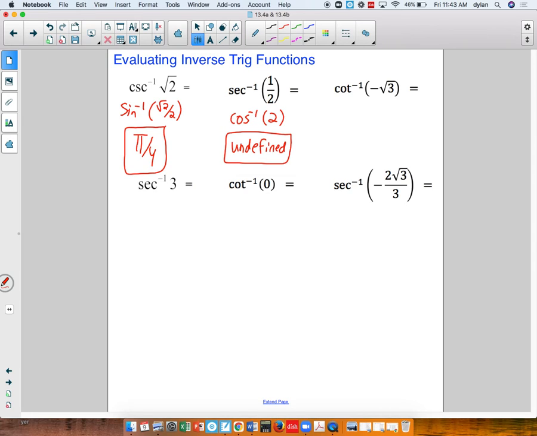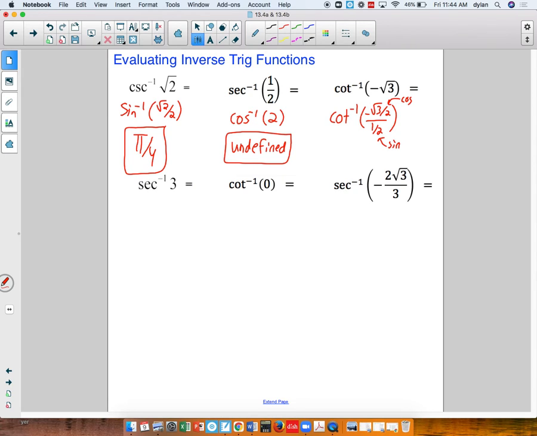Cotangent inverse, again, for me, the easiest way to think about cotangent and tangent is to think about them as either cosine over sine or sine over cosine. So cotangent inverse of -√3, I'm going to think about that as cotangent inverse of -√3 over 2 over 1/2, so that I can think about this as cosine and 1/2 is the sine value.